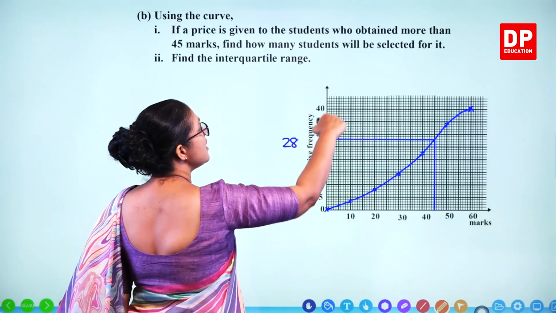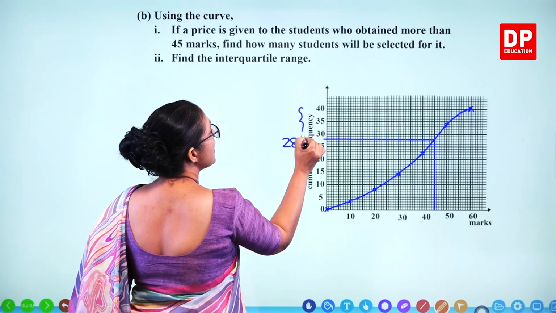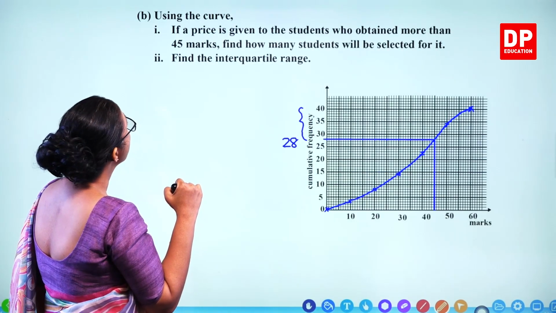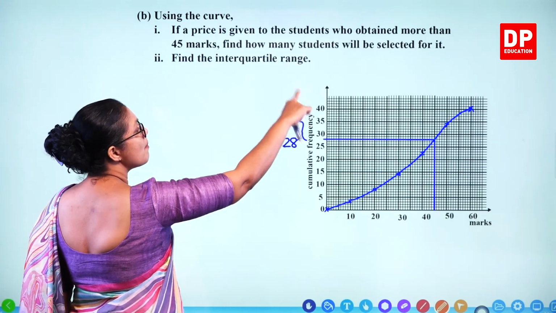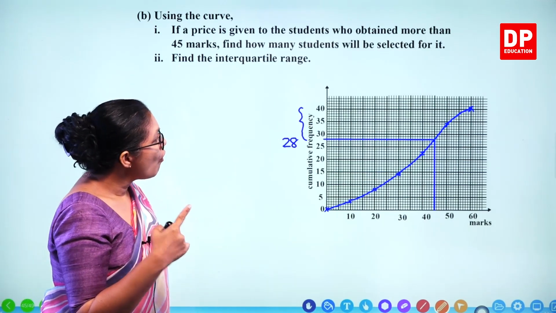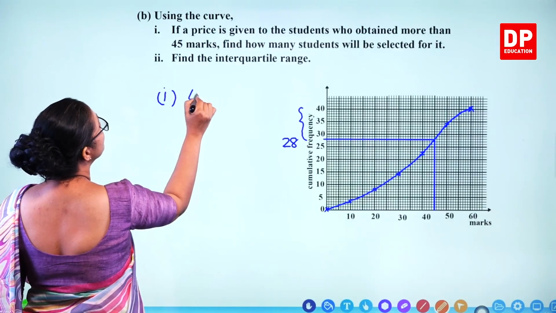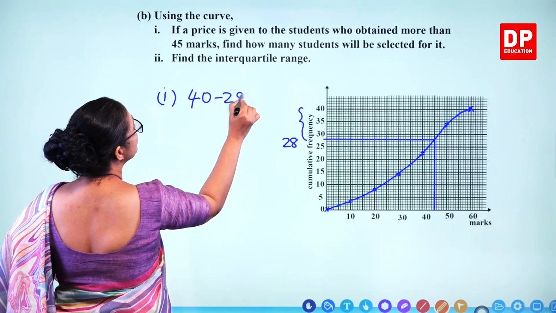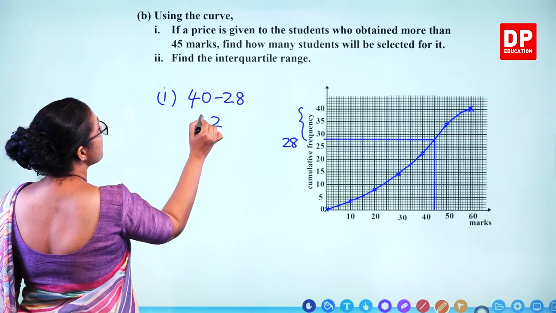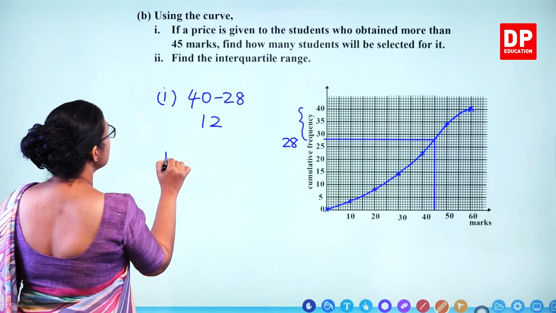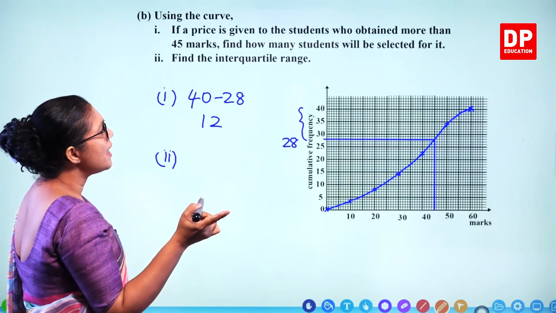So we need the number of students who are getting this prize. That means more than this mark. 40 minus 28. 12 students are getting the prize. Then second part, find the interquartile range.